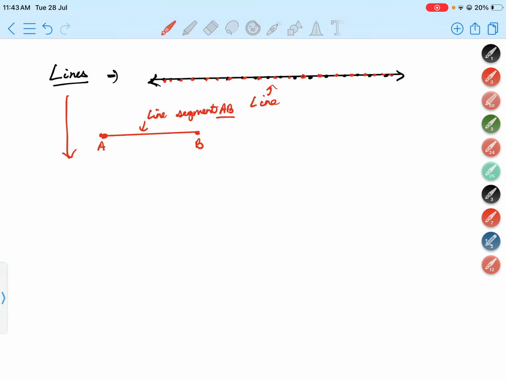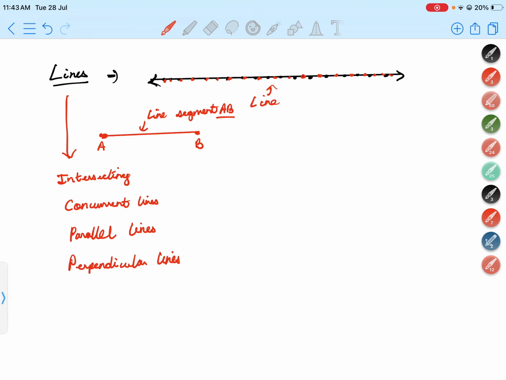In lines, the topics we need to study are intersecting lines, concurrent lines, parallel lines, perpendicular lines, and transversal lines.